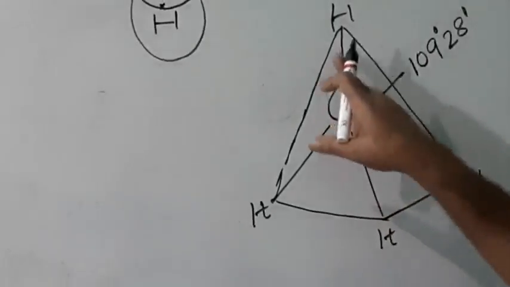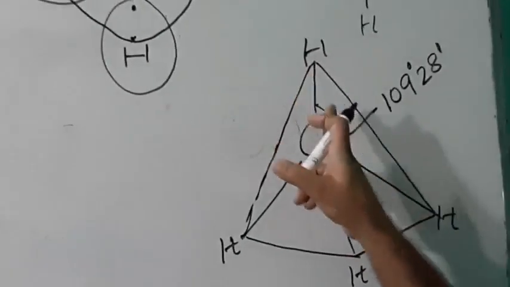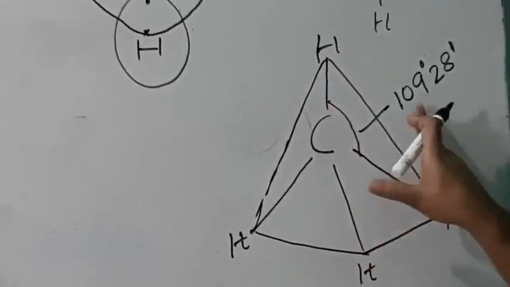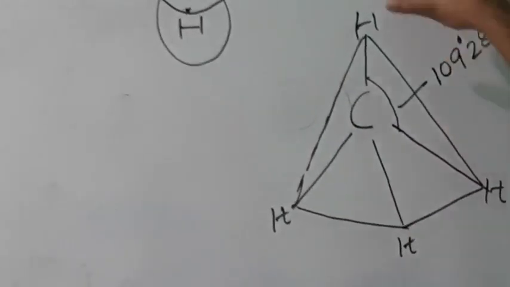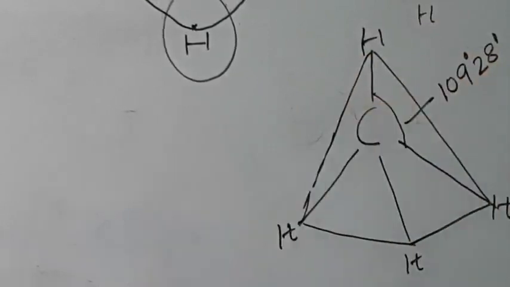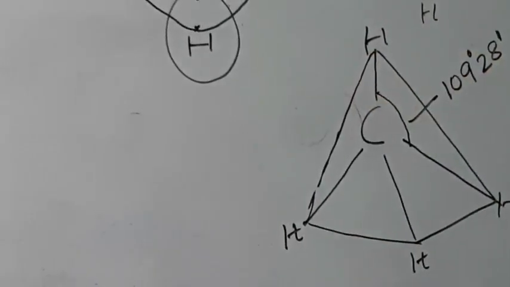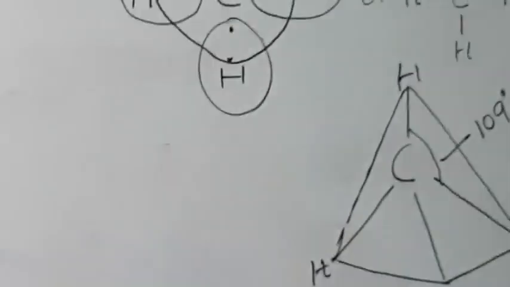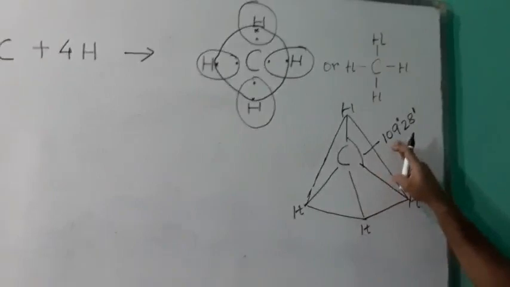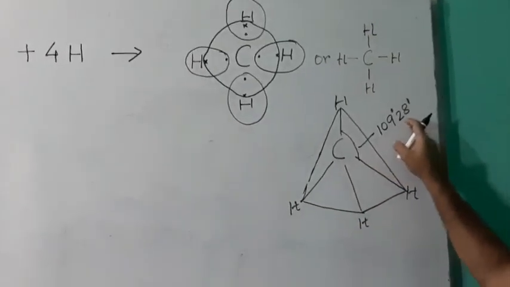So the bond angle between hydrogen, carbon and hydrogen is 109 degrees 28 minutes.